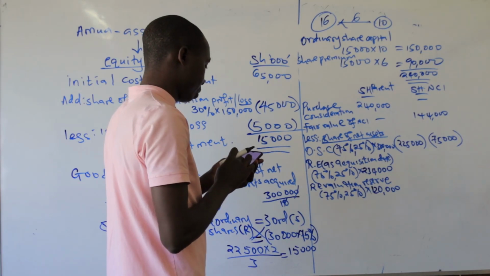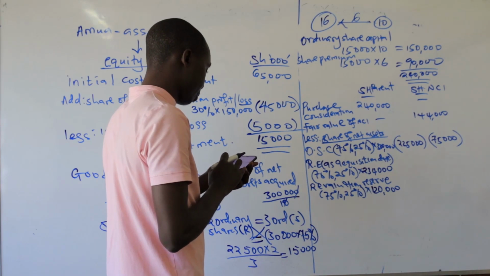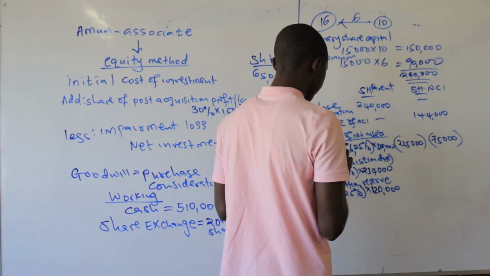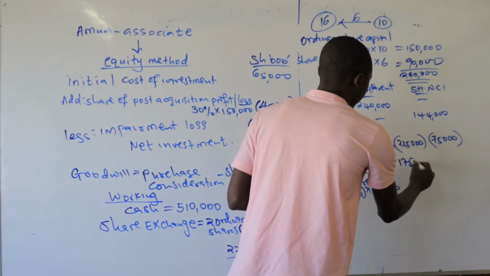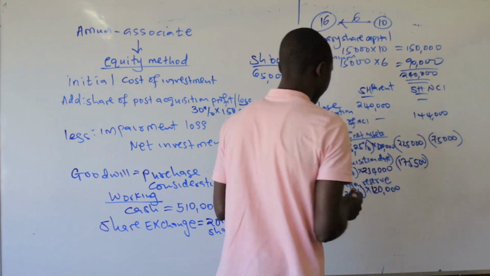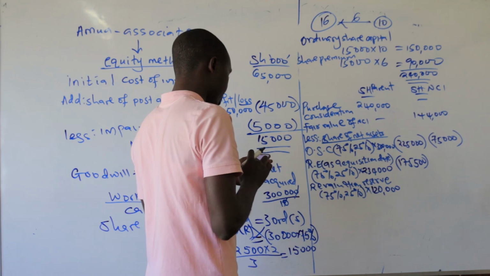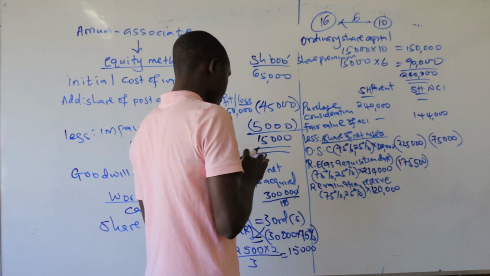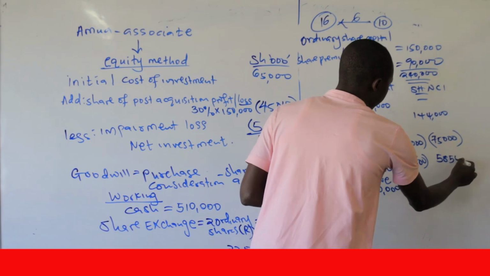Then 0.75 times 234,000. So this is 175,500. Then 25% of 234 is 58,500.